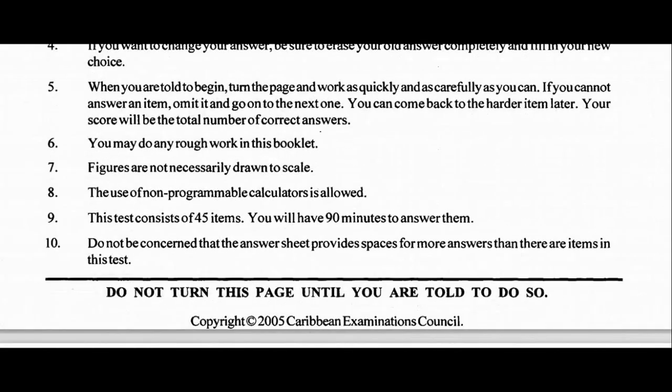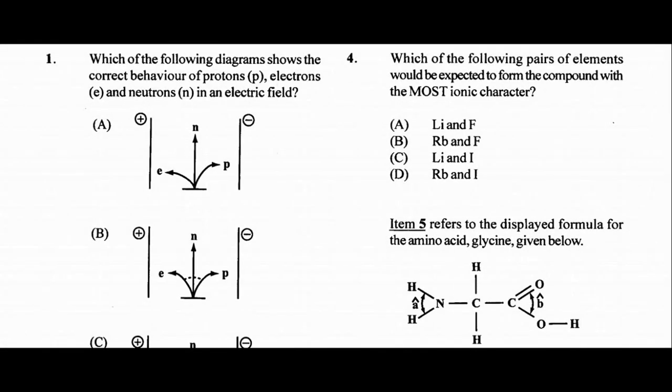Alright, so question 1. Which of the following diagrams show the correct behavior of protons, electrons, and neutrons in an electric field? So we know that the electrons will go towards the positive plate, and the protons, because they're positively charged, will go towards the negative plate.